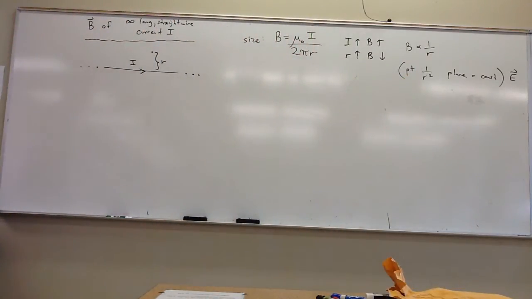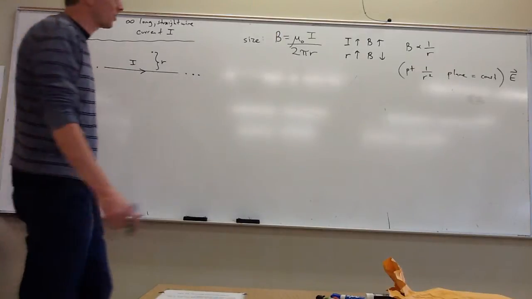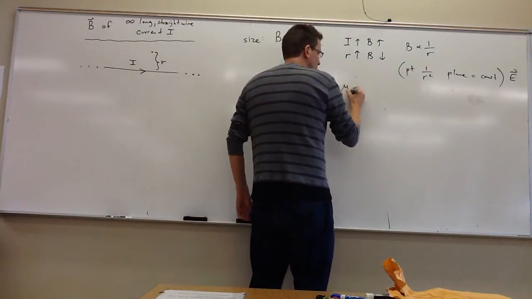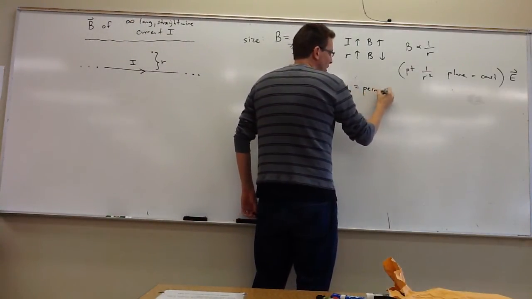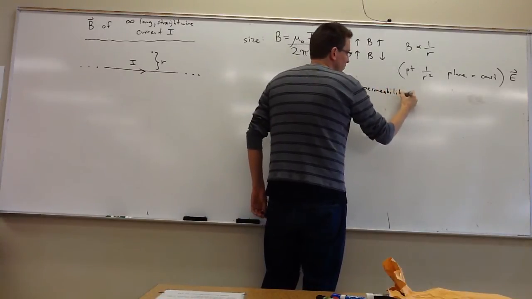The final variable is mu naught. That's just a constant. It's called the permeability of free space.